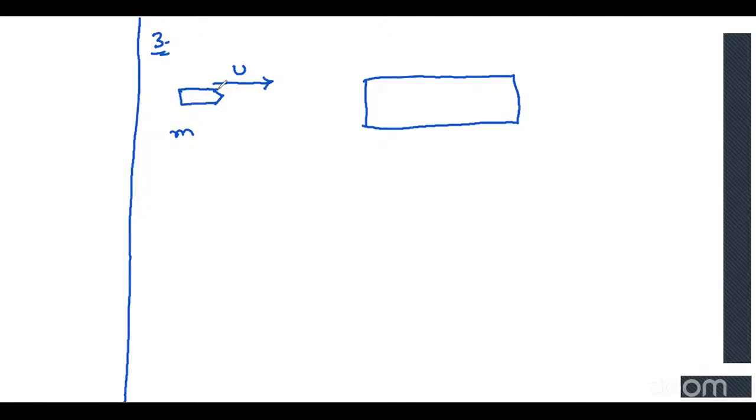Now, whenever the bullet touches this wood, the bullet loses 1 by nth of its velocity while penetrating through a plank.